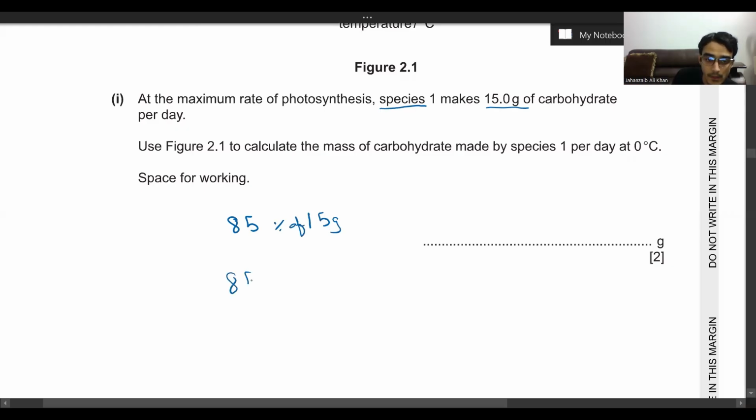So 85 on 100 into 15. You can use a calculator. I like simplifying myself, but you're going to get 17 on 4 multiplied by 3, and this is equal to 12.75 grams. I'm great in maths as well.